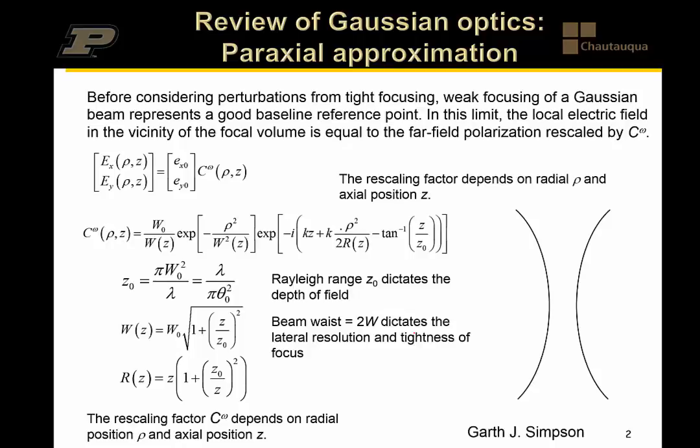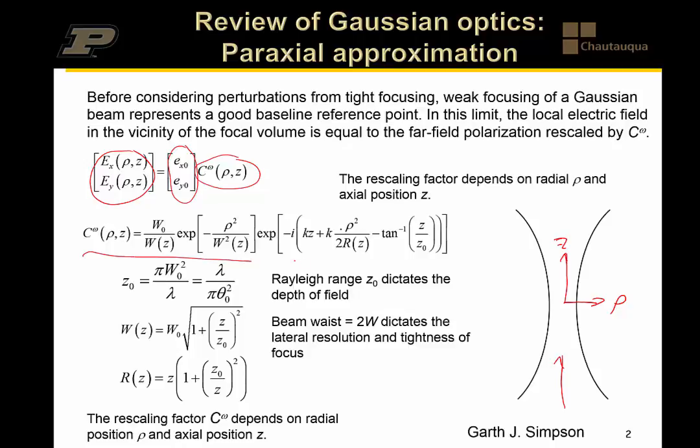And the short answer is that the electric field, as a function of rho, distance away from the center, this is assuming cylindrical symmetry, and z, if the beam is propagating in this direction. The electric field at any position as a function of those two coordinates is given by the incident polarization state and this factor c, which depends on those two coordinates.